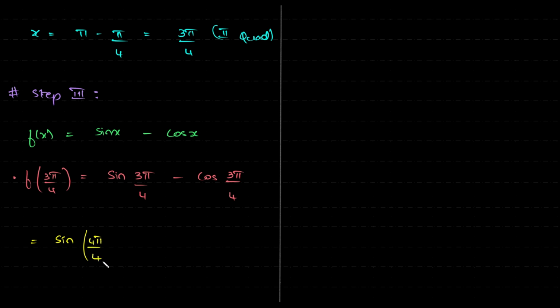I'm going to rewrite this as sine of 4 pi by 4 minus pi by 4. That will give me 3 pi by 4, is it not? Cos of 4 pi by 4 minus pi by 4.